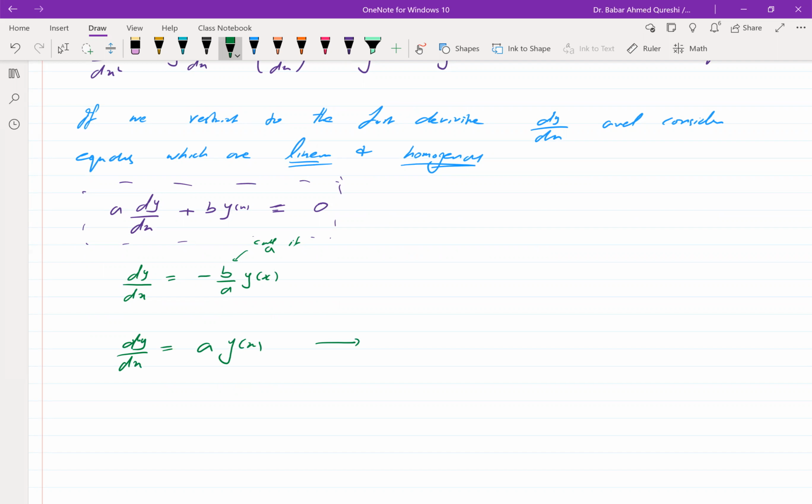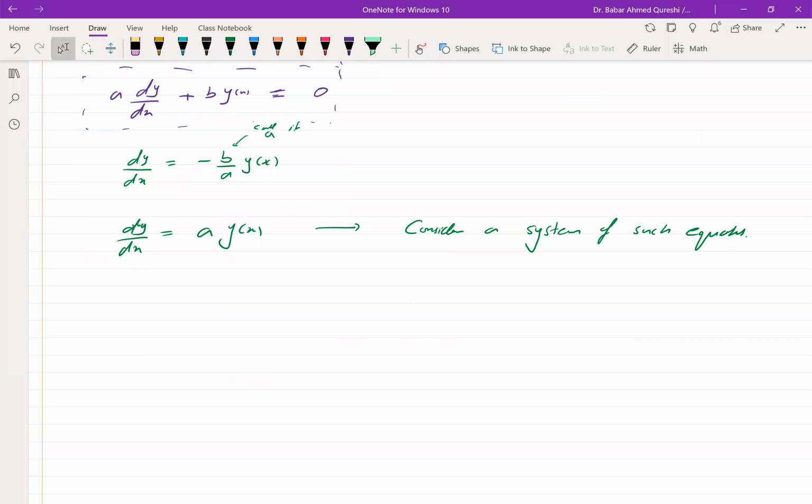I make it a little bit more complicated and consider a system of such equations. What does that mean? First, let's give it a symbol. Let's consider a system of linear homogeneous first order equations.